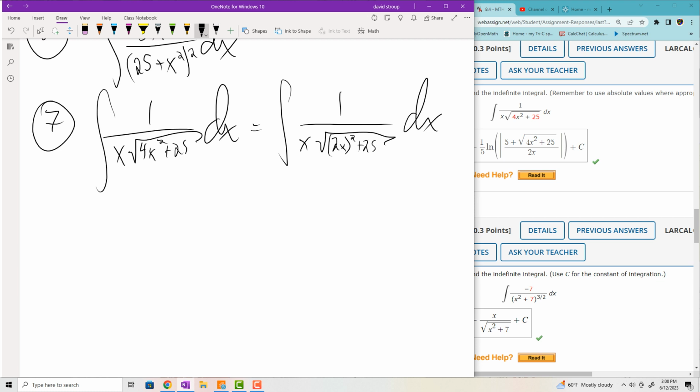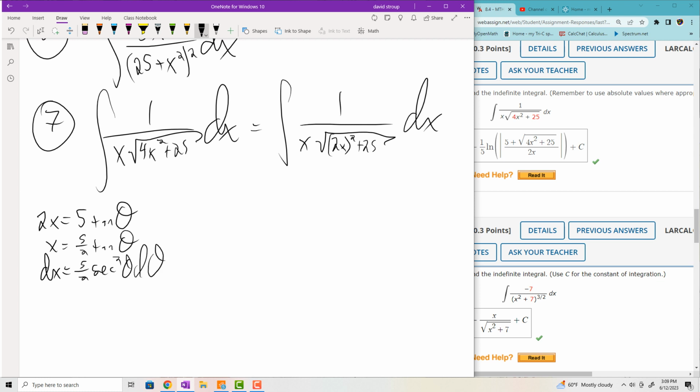So what we do is say, all right, I'm going to let 2x equal 5 tan, and there's the plus symbol there, so it has to be 5 tan theta. And then for x, you can just divide both sides by 2, so you get 5 halves tan theta, and then dx will equal 5 halves secant squared theta d theta.